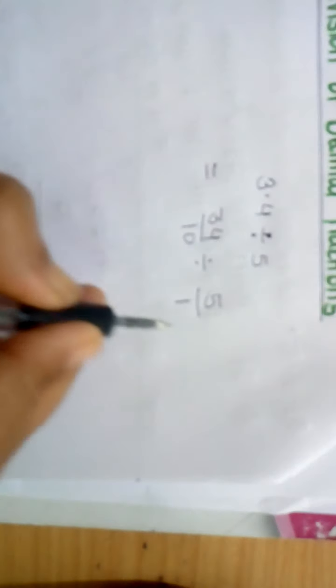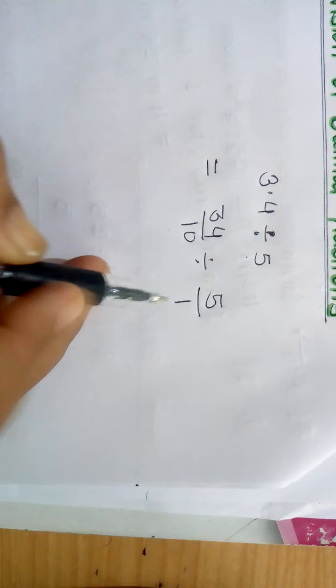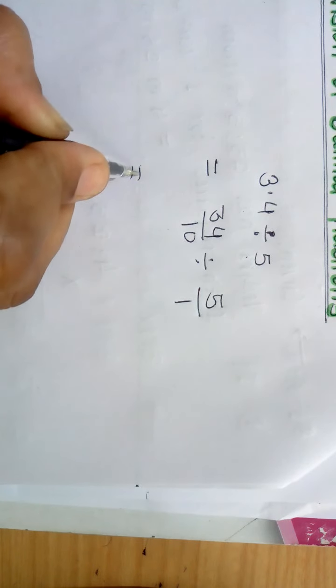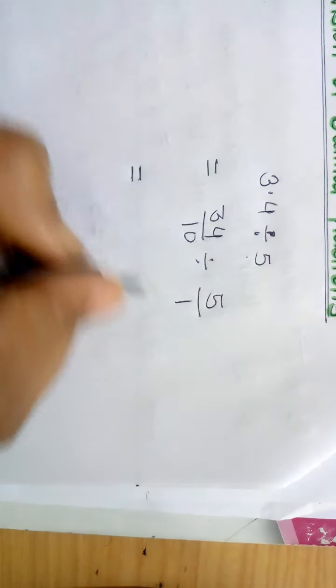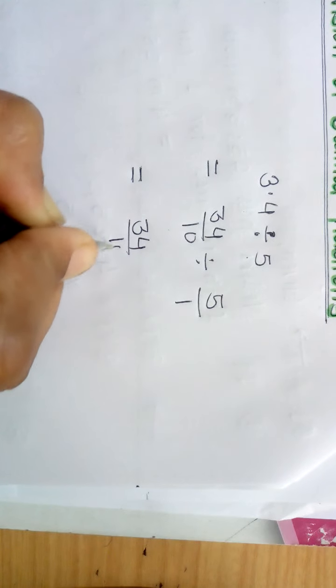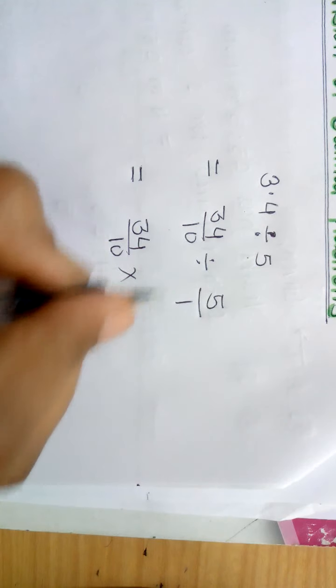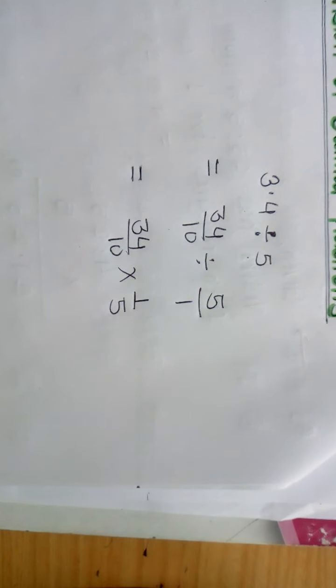So our example is 34 upon 10 divided by 5 upon 1. Now we can write it in multiplication form. 34 upon 10 multiplied by 1 upon 5, the reciprocal of the second fraction.